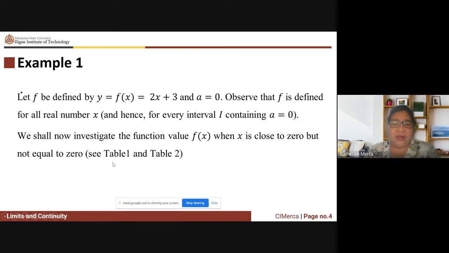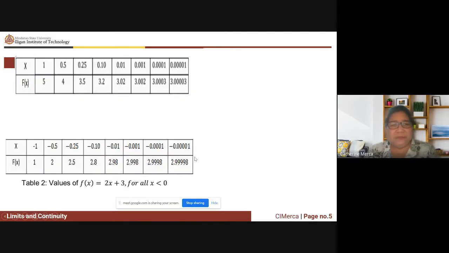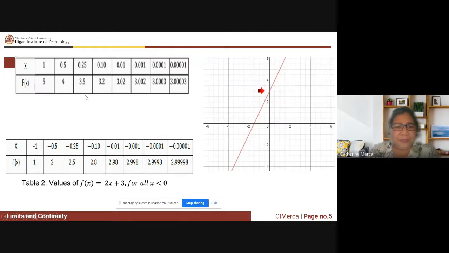So if you take a look at the following table here, for the values which are less than 0, this is our 0. Can you see the pointer?